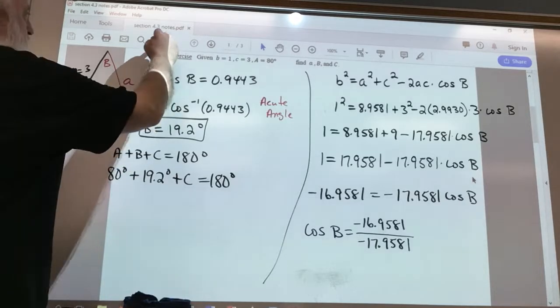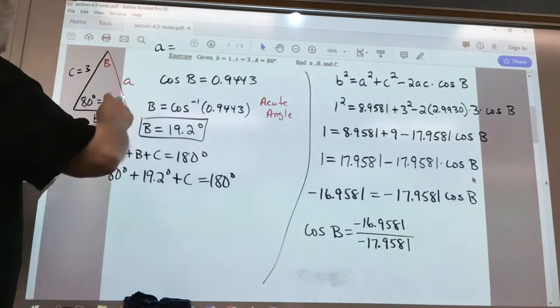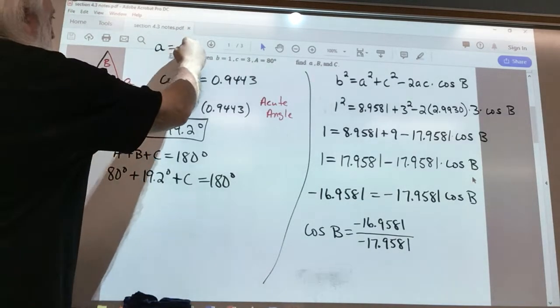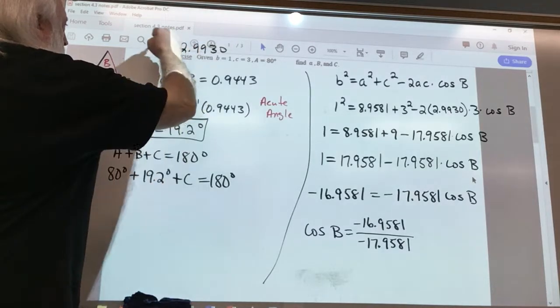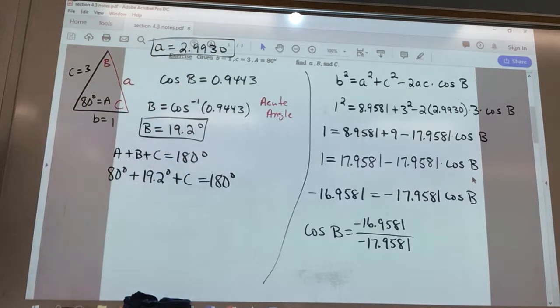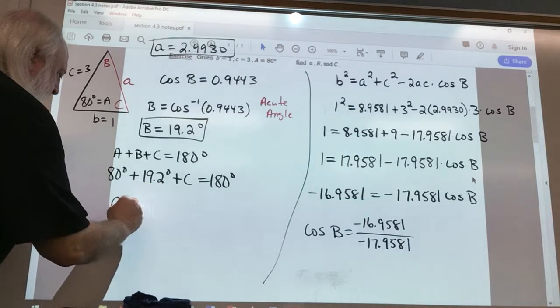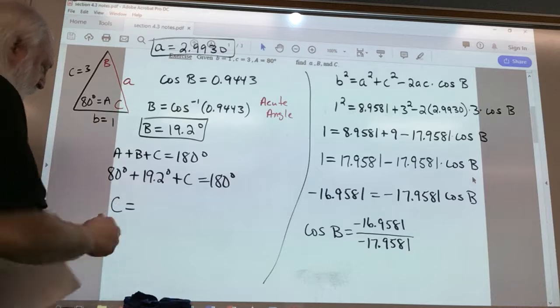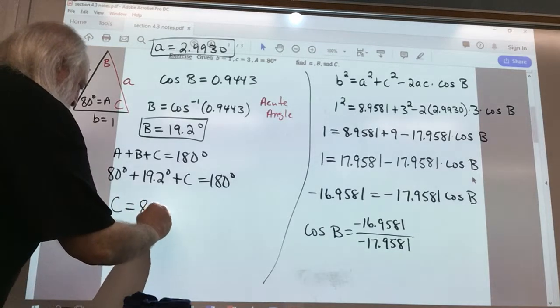We put side A up here. A is equal to 2.9930 from that result up there. And now when I solve for angle C, I get angle C is equal to 80.8 degrees.